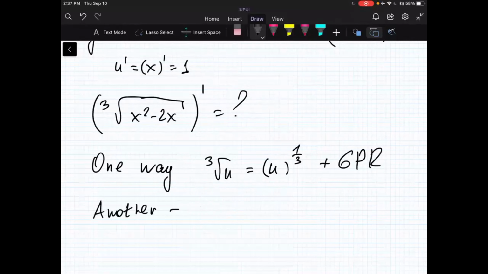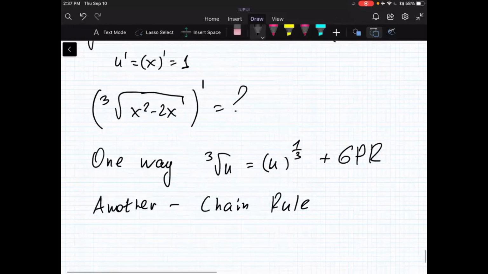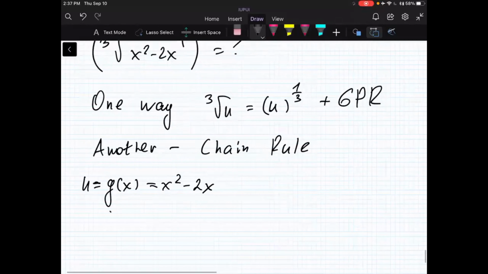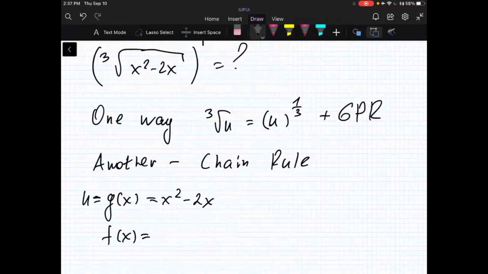Chain rule. And so my first function g of x, which I also denote by u, is x squared minus 2x, right? And my f of x will be the third root of x.